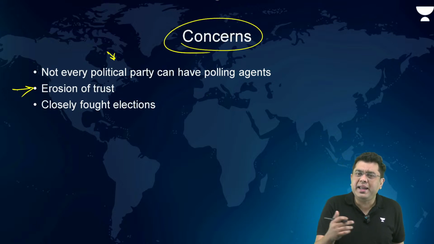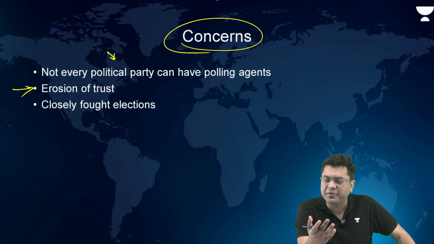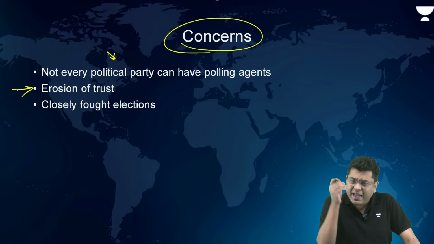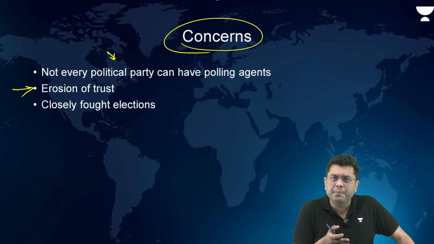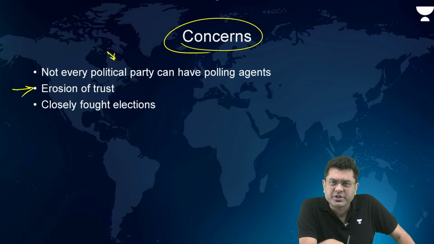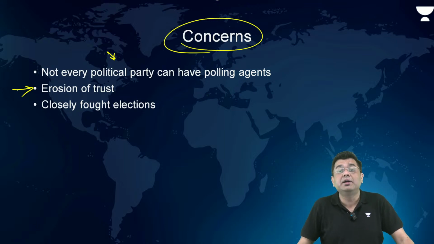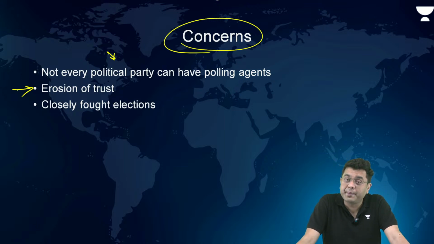And in the modern day and age, when we have so many political parties and so many political representatives fighting elections, the elections are very closely fought. So the slightest of margins in the first past the post system can alter the balance in the larger state or in the larger Lok Sabha.